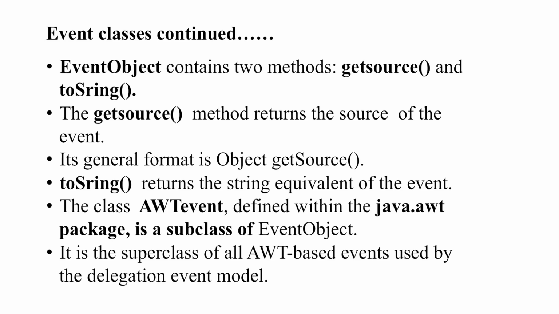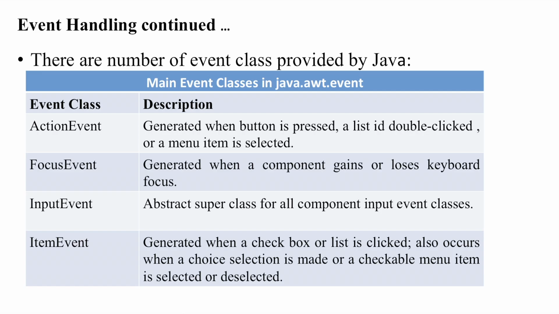Then we have AWTEvent, defined in the java.awt package, again a subclass of the event classes. So we have a number of event classes: action event, focus event, input event, item event, key event, mouse event, text event, window event.